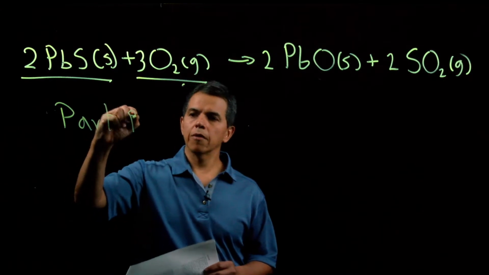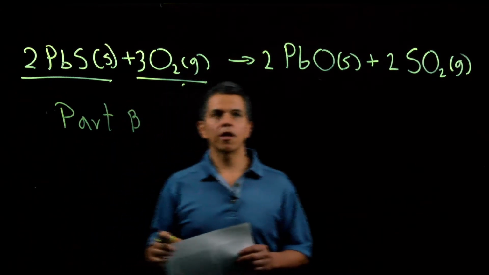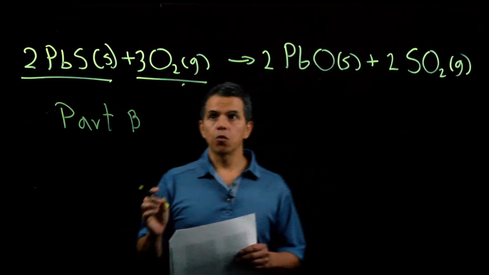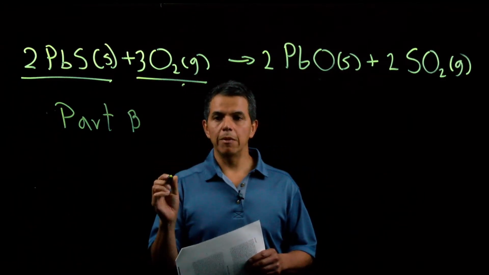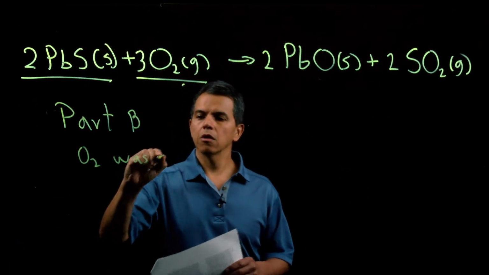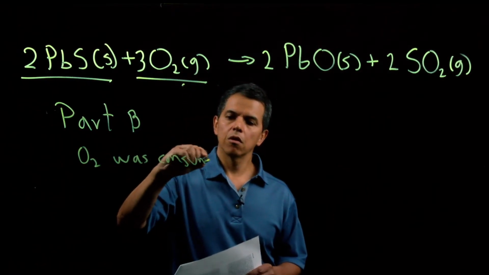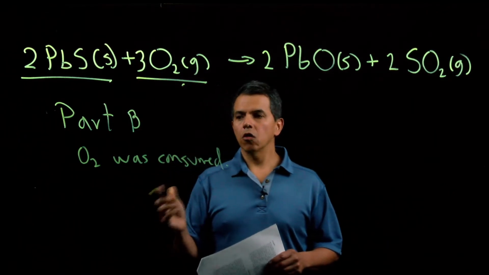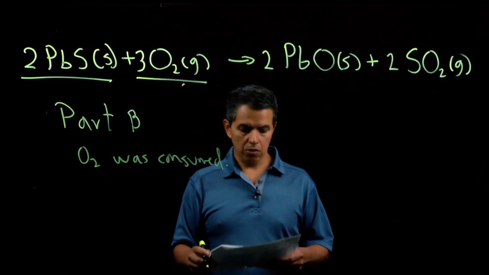Part B is interesting because it asks what will be the total volume. But in this particular example, since oxygen is the limiting reagent, O2 was consumed. That means that there is no oxygen left at the end of the reaction.